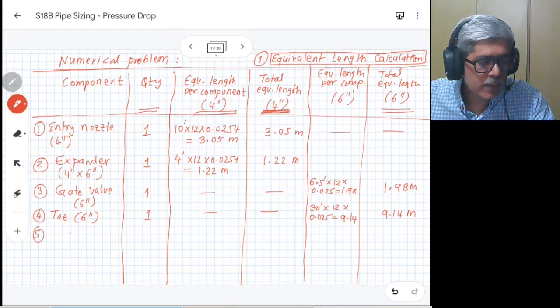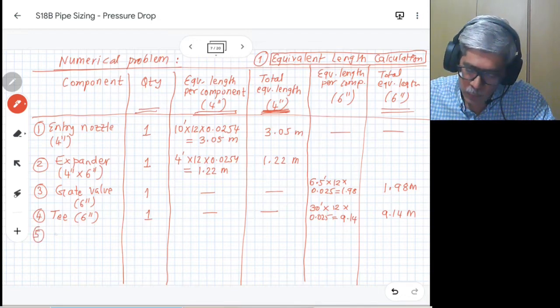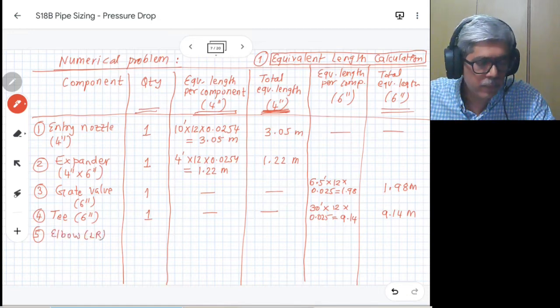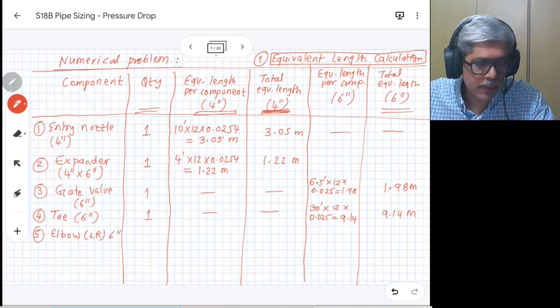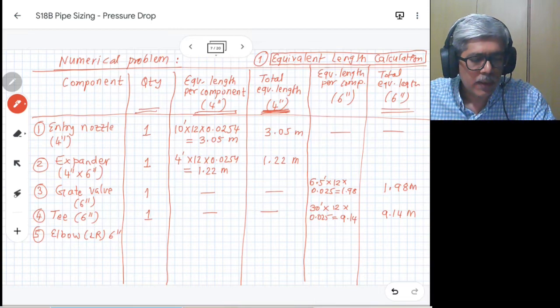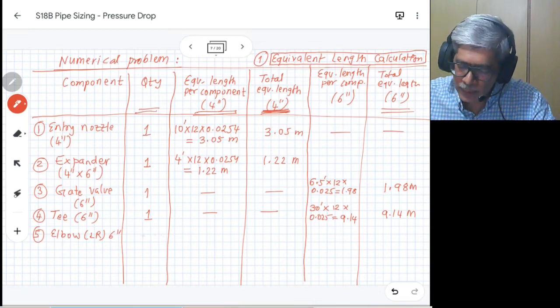The next is the elbow or LR elbow. If you read the problem, it is given that these elbows are of LR type and they are of 6-inch size. We'll see in the figure that there are a total of 6 elbows of 6-inch size.